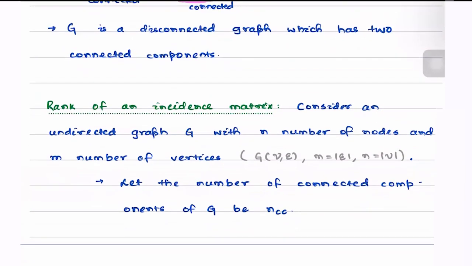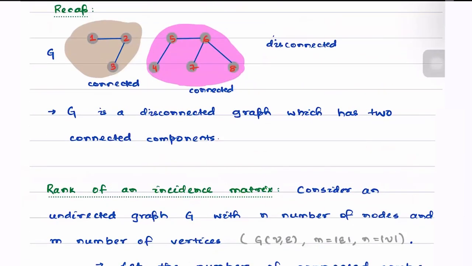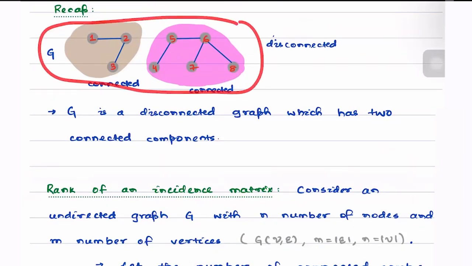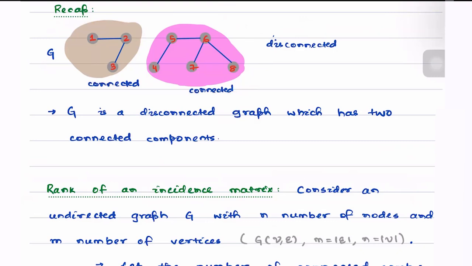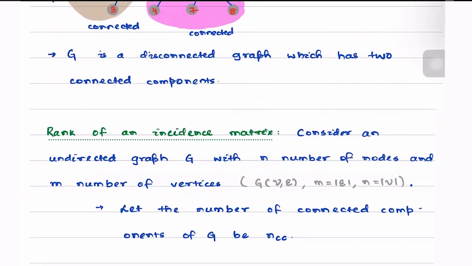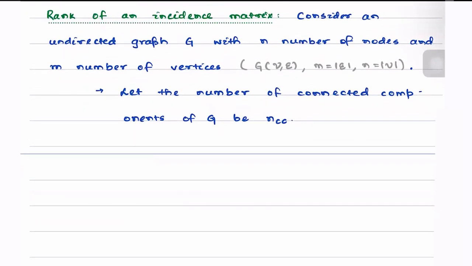Just to quickly remind you, in the case that the graph is disconnected as shown here, we can break it into or consider it as the union of different components such that each of the component is actually connected. Hence, for the graph that is shown here, G has two connected components. So without loss of any generality, and to keep it very general, we are assuming that it has some NCC number of components.